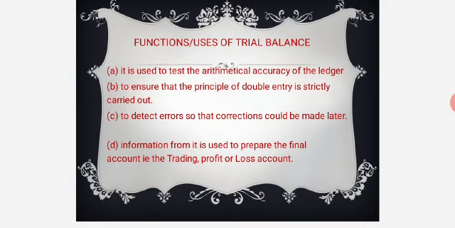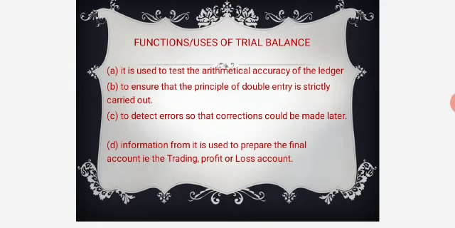And since items are lifted from the ledger to prepare the trial balance, it is also expected that the total of the debit side of the trial balance should be the same as the total of the credit side of the trial balance. So the trial balance tends to ensure that such accuracy is involved.